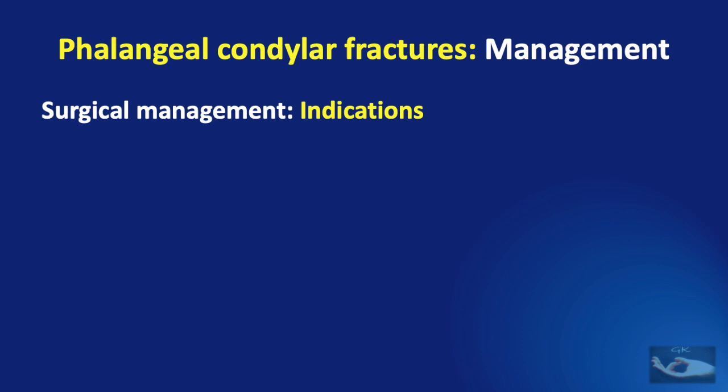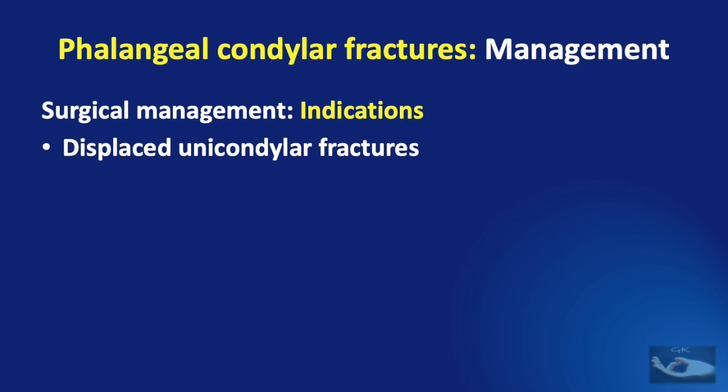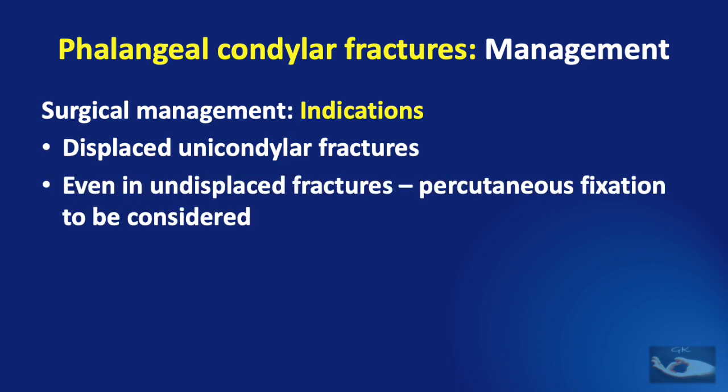That brings us to understand that the indications for surgical management are displaced unicondylar fractures of the phalanges, and even in undisplaced fractures, percutaneous fixation should be considered first, and fracture subluxations must definitely undergo open reduction and fixation.